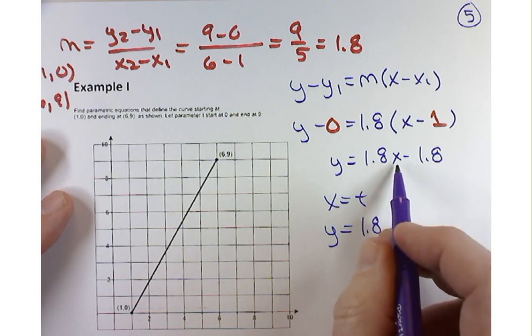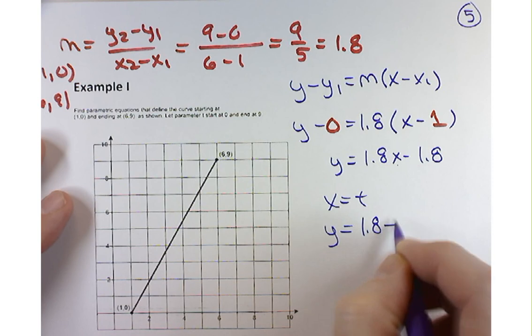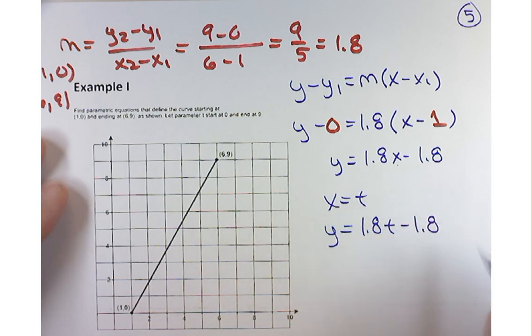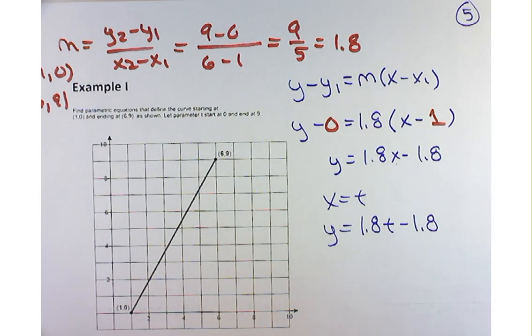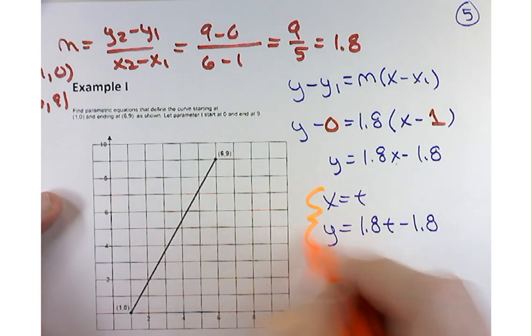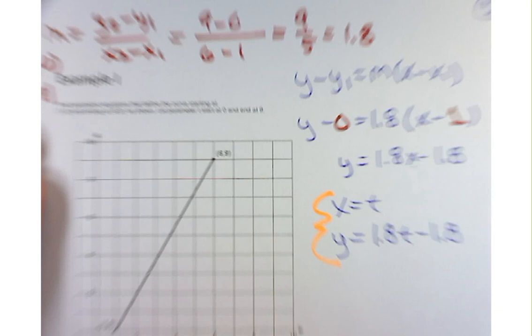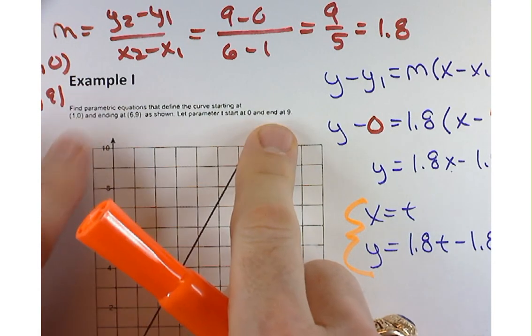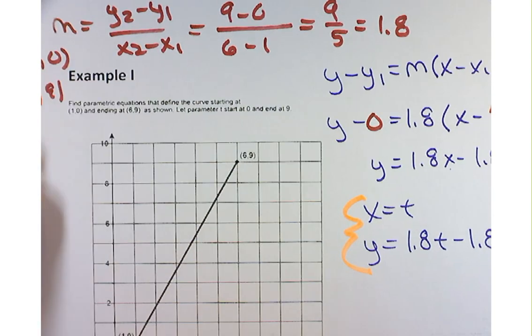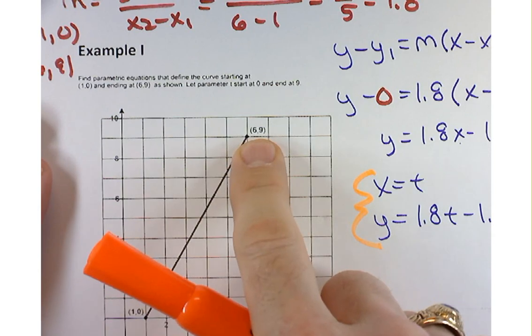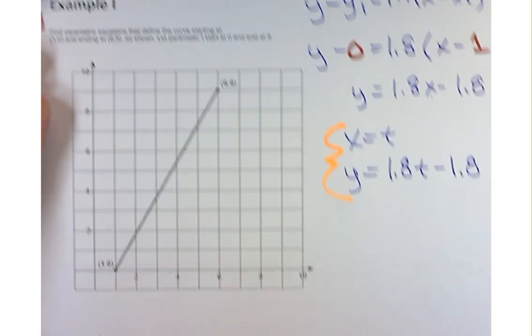Yeah, so that would be y equals 1.8t minus 1.8. And now, that's a pair of functions that both depend on t. So there's your parametric equation. Nice. The only thing left we need to do is figure out where we are going to start and where we are going to end with our t so that we start here and end here. That's the last thing we need to figure out.